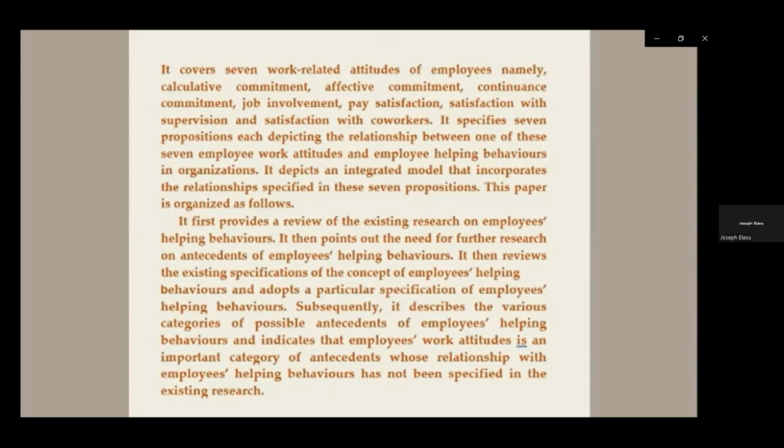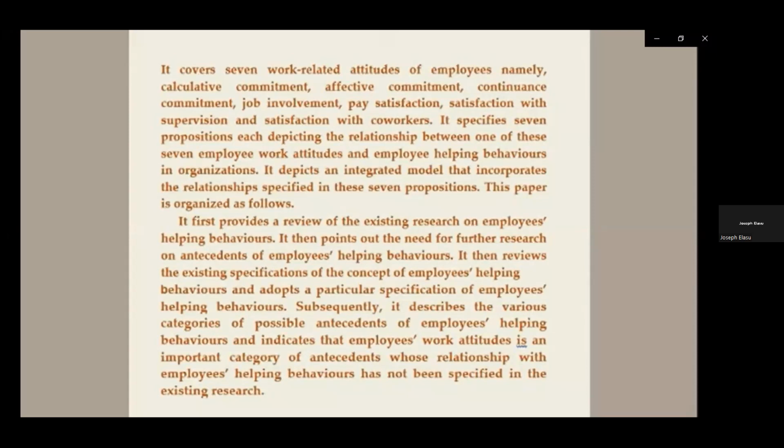This paper is organized as follows. It first provides a review of the existing research on employees' helping behaviors. It then points out the need for further research on antecedents of employee helping behaviors. It then reviews the existing specifications of the concept of employees' helping behaviors and adopts a particular specification of employees' helping behaviors.